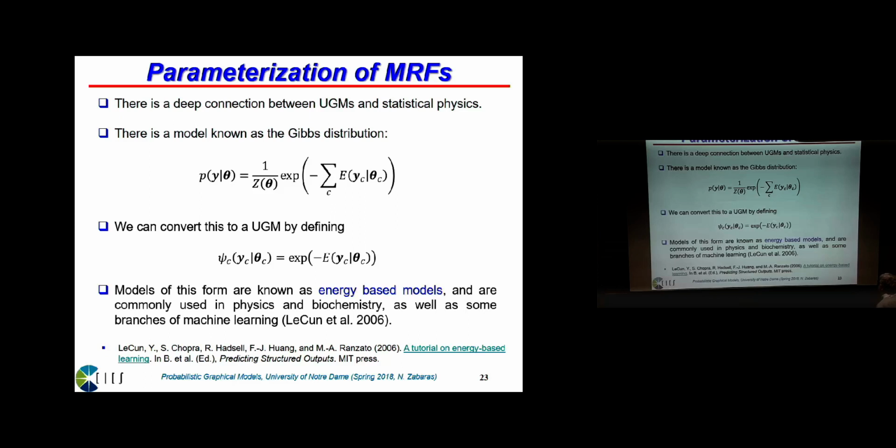Now, this comes with different names. As we will see in some books, they say this is a maximum entropy type of distribution. In machine learning, they call this energy models.